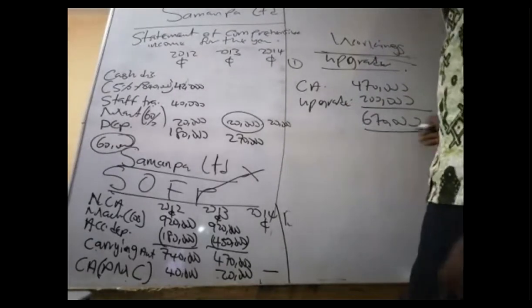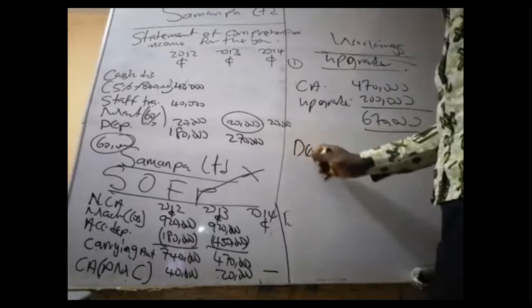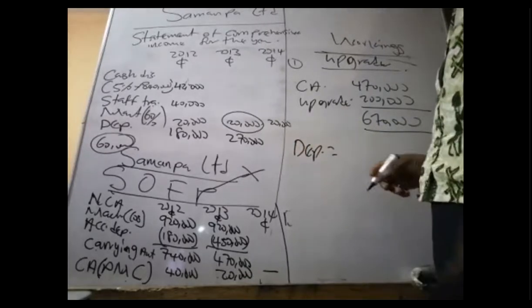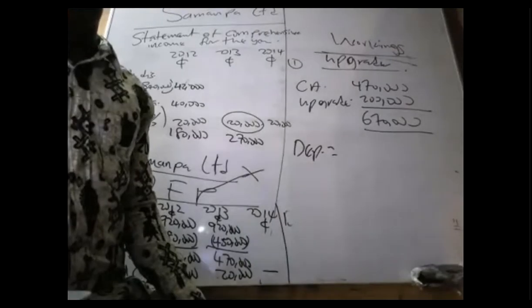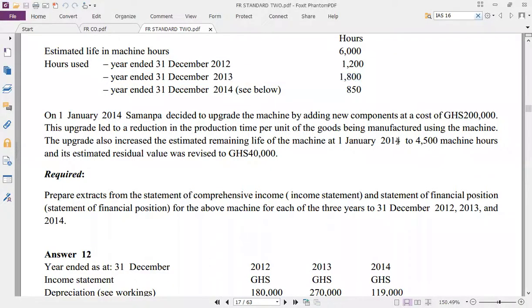So we need to get depreciation per hour. Let's pick the new useful life. The new useful life is 4,500 remaining hours.